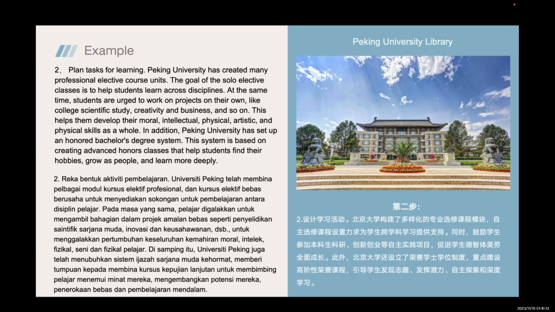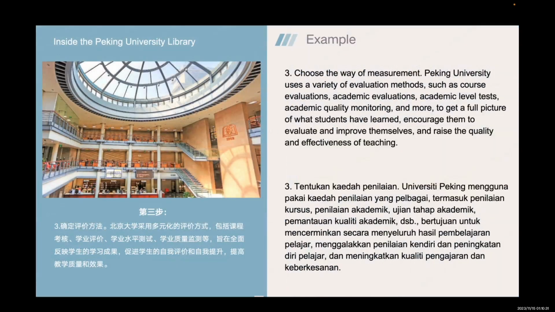In addition, Peking University has set up an honor bachelor's degree system. This system is based on creating advanced honors classes that help students find their hobbies, grow as people, and learn more deeply. And then number three, choose the way of measurement.